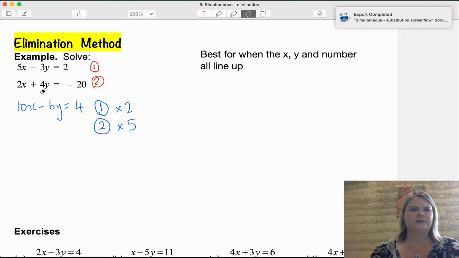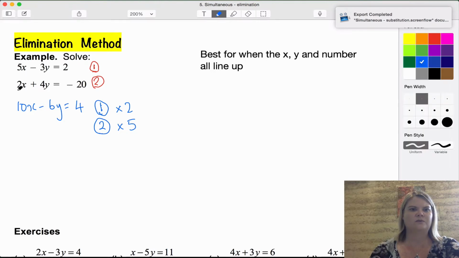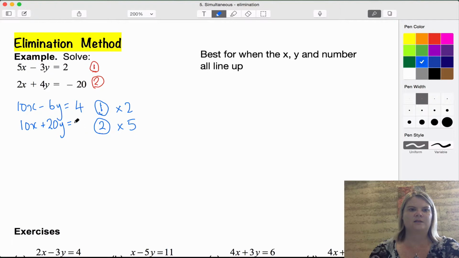And for the second equation, 2 times 5 is 10x. Excellent, they're both the same. 4 times 5 is 20y. Negative 20 times 5 is negative 100.